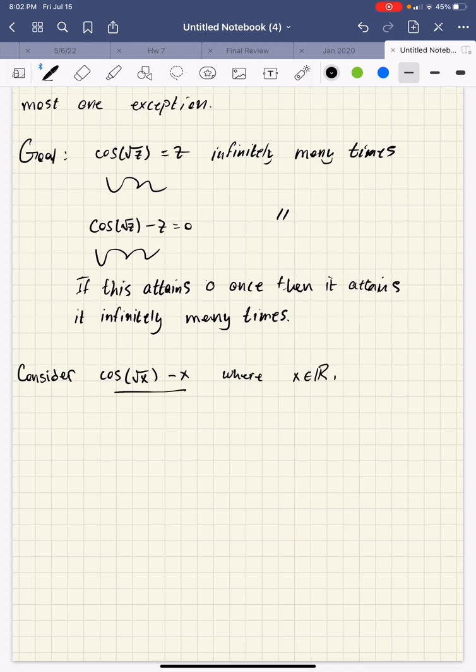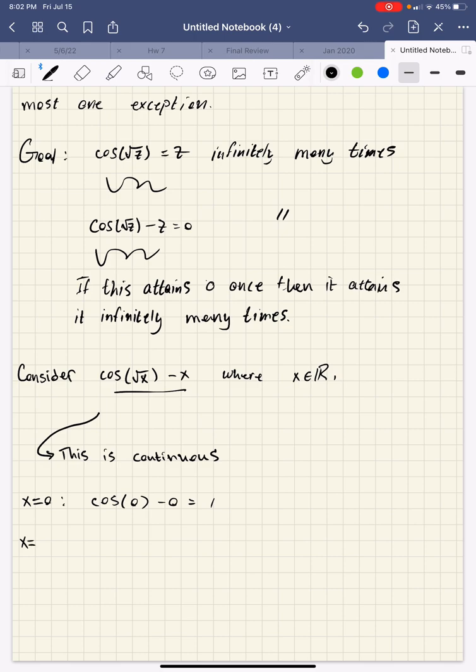Clearly this is continuous. Then I'll just do a couple quick evaluations. At x equals 0, cosine of 0 minus 0 is 1.